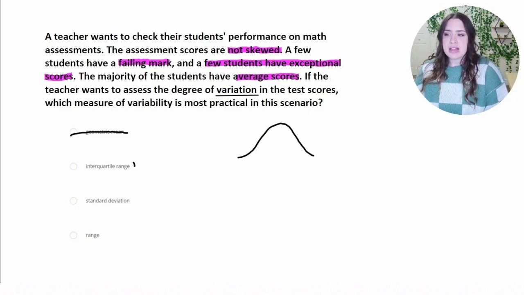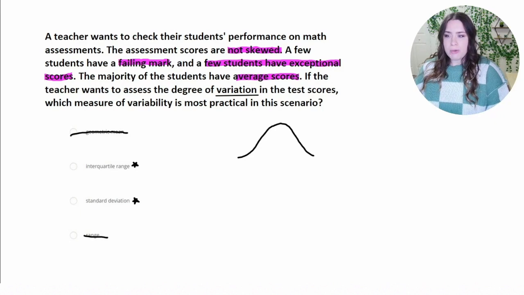We typically like to either use the interquartile range or the standard deviation. Those are a better measure for variation than range, because range only considers the minimum and the maximum, and it doesn't really give us a picture of what's going on in the middle. So our choices are really between these two.